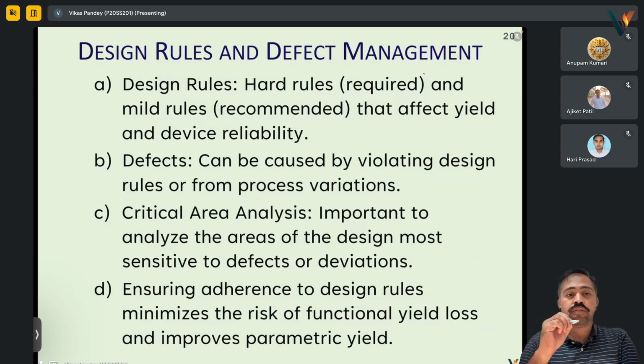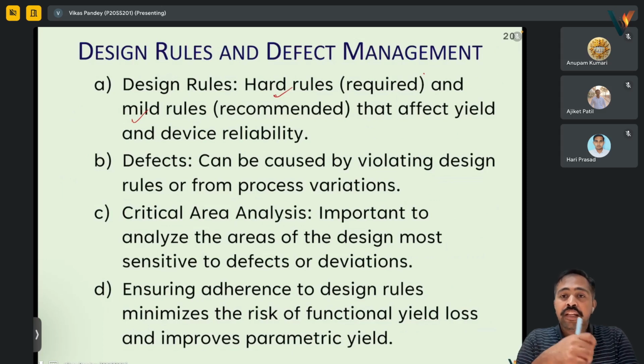So design rules are defined as hard rules and mild rules. Hard rules are the necessary rules that must be followed and cannot be altered. If someone is altering it, there is a guarantee to fail kind of rule.